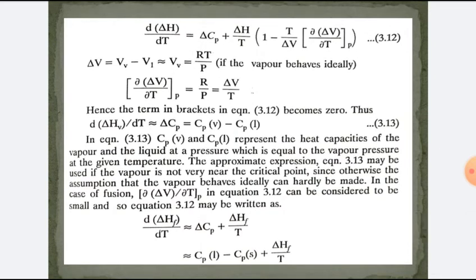If the vapor behaves ideally, we can write V will be equal to RT upon P. Hence, the term in brackets in equation 3.12 becomes 0.